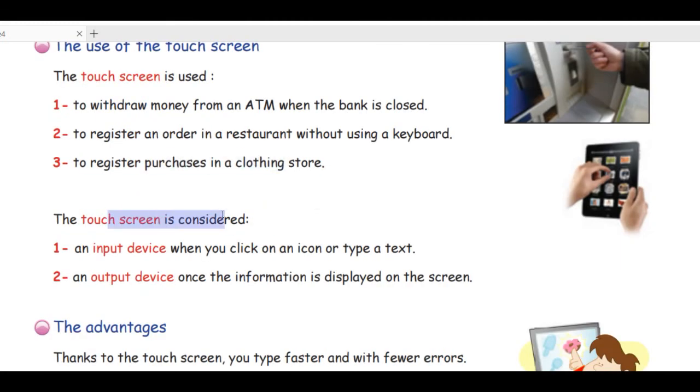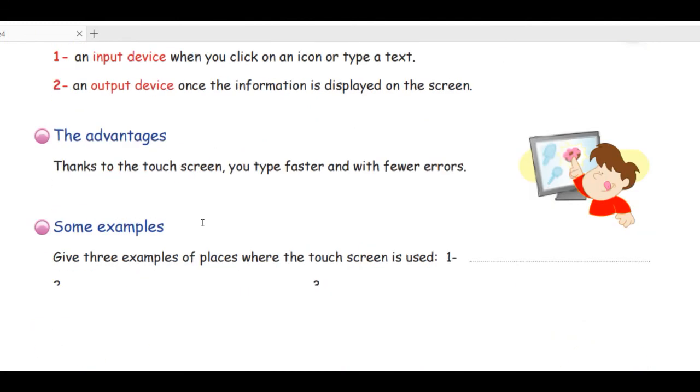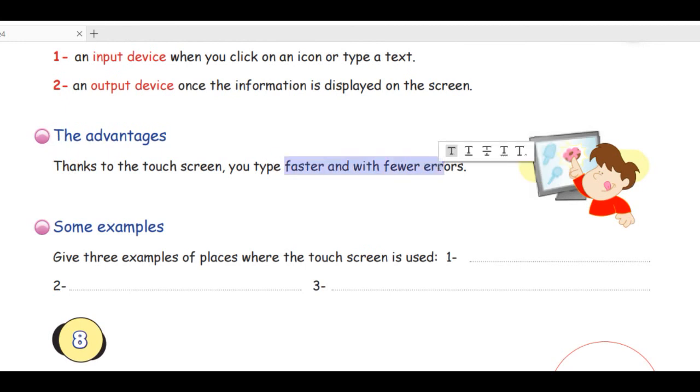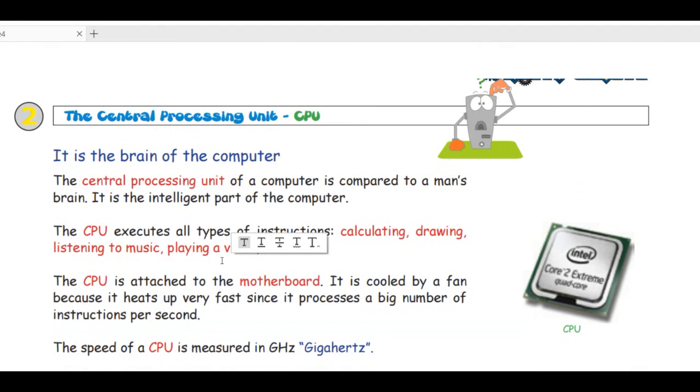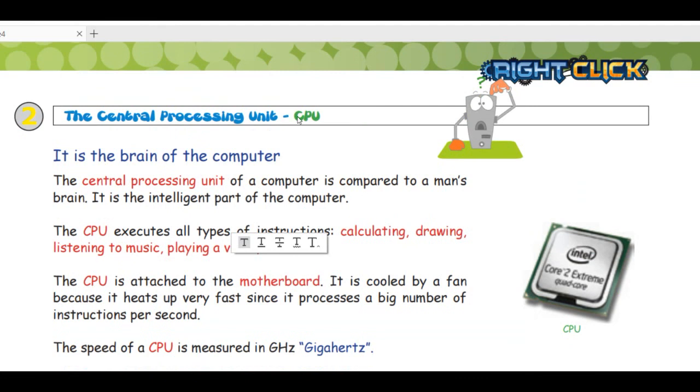The touch screen is considered an input device, as we said before, and an output device. The advantages: it's faster, and we make fewer errors since everything is displayed as items, choices and menus. By the end of this sheet, students are asked to fill in 3 examples of places where a touch screen is used. We'll pass to the second sheet, where we'll define a CPU.